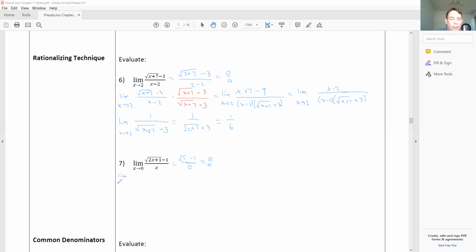So the limit as x approaches 0 of the square root of 2x plus 1 minus 1 all over x. And then we're going to multiply by that conjugate again to create that difference of squares idea. So the square root of 2x plus 1, and then instead of minus 1, I'm going to have a plus 1 there.